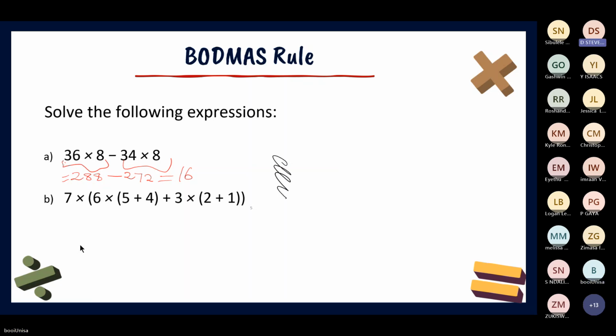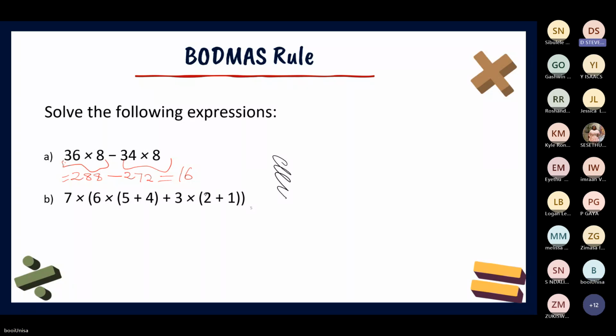So how do we get this? For those who didn't get it right, we need to go back to our BODMAS. BODMAS says brackets first. So we've got 7 multiplied by open bracket, 6 multiplied by open bracket, 5 plus 4 close bracket, plus 3 multiplied by open bracket, 2 plus 1 close bracket, close bracket. Now, you can also remove the multiplication signs next to the brackets.